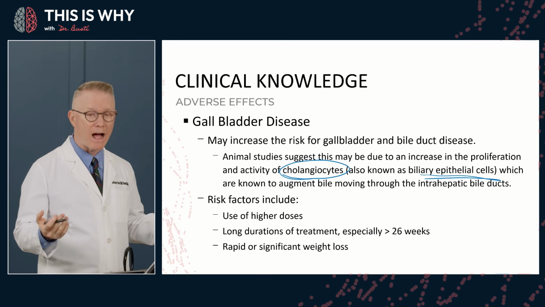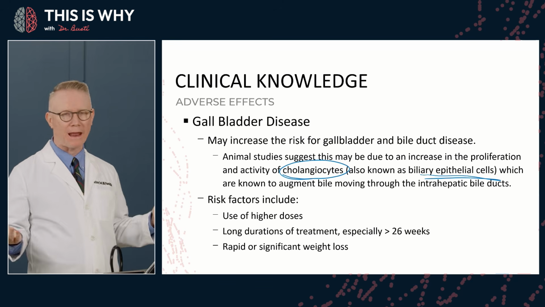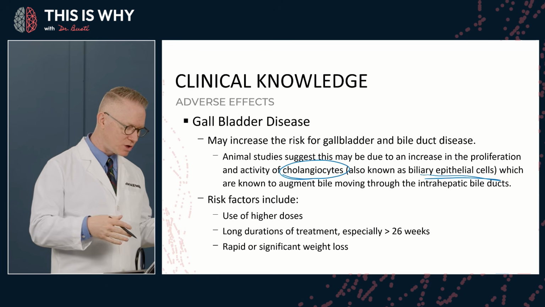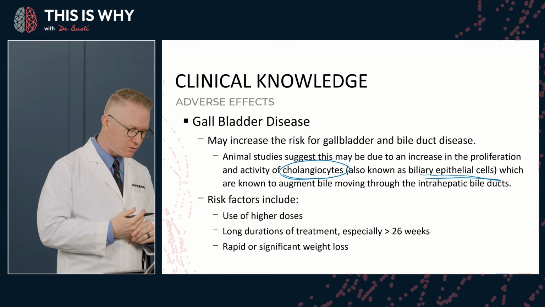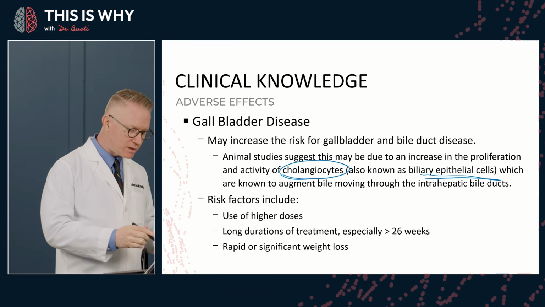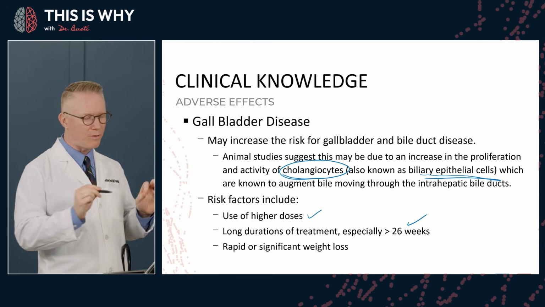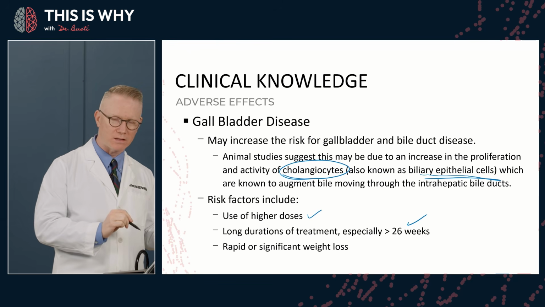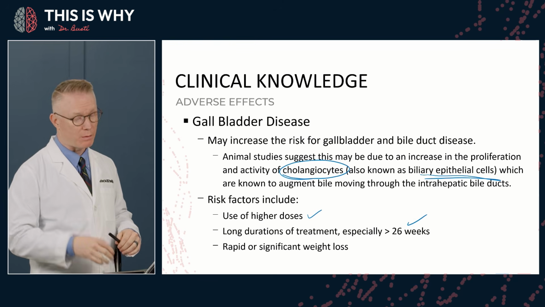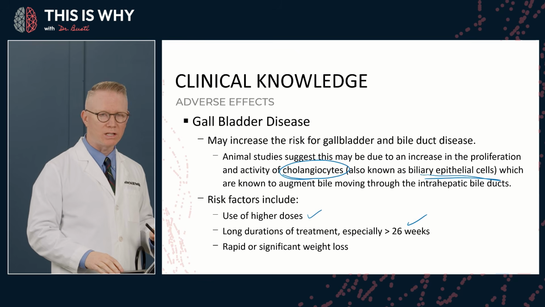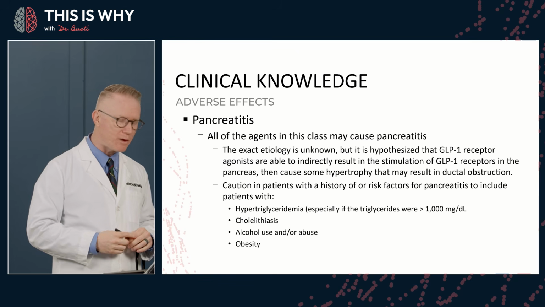If it doesn't get out, you can have backup and intrahepatic effects, and even precipitation that forms stones or irritation to the liver. We see this in patients on higher doses, longer duration, and who have experienced more significant weight loss. We see that with other weight loss options too. Quick, sudden changes in weight can increase that risk.